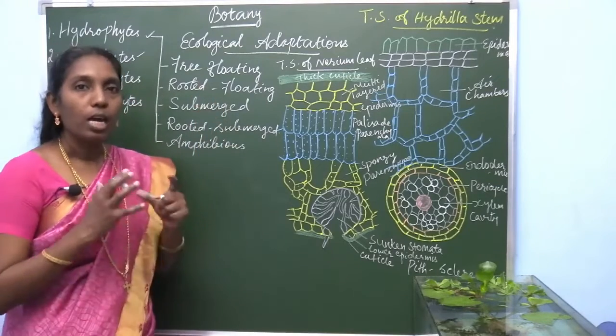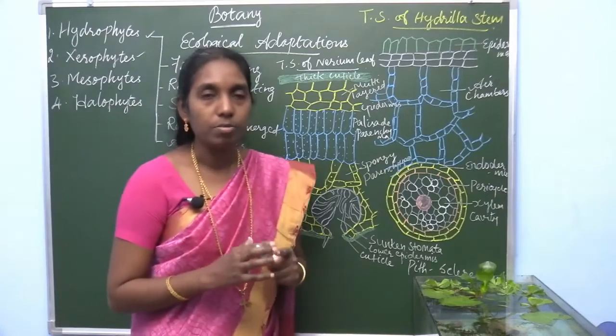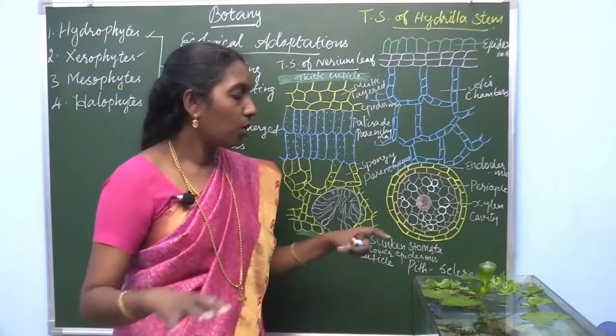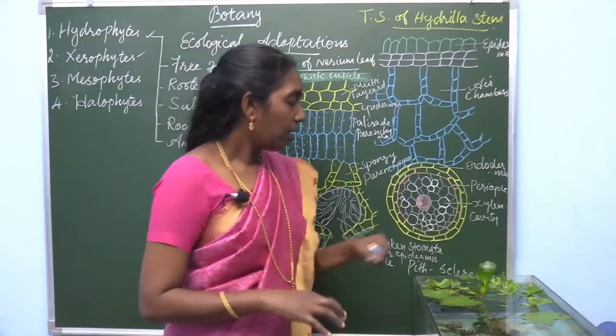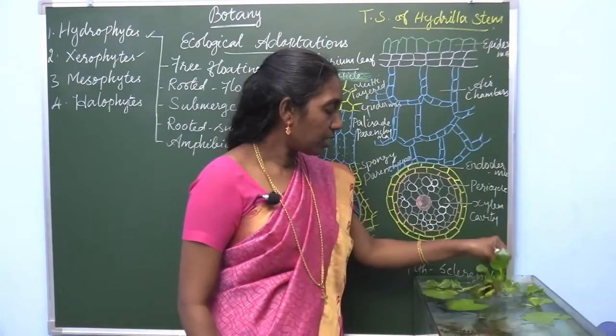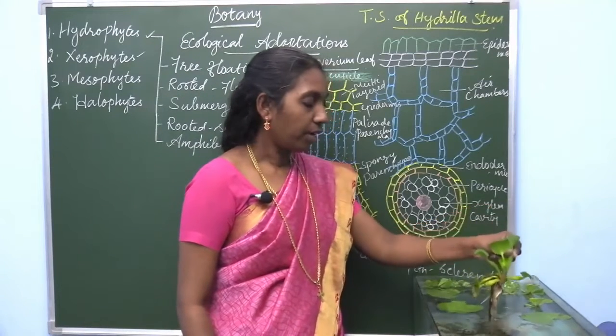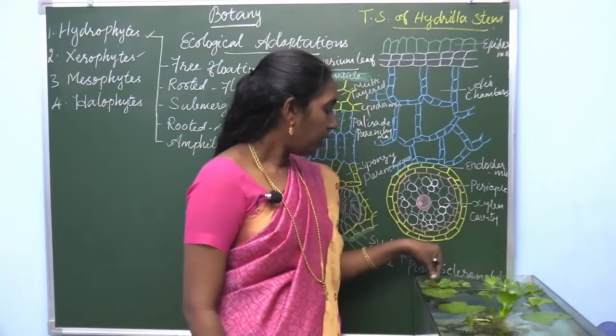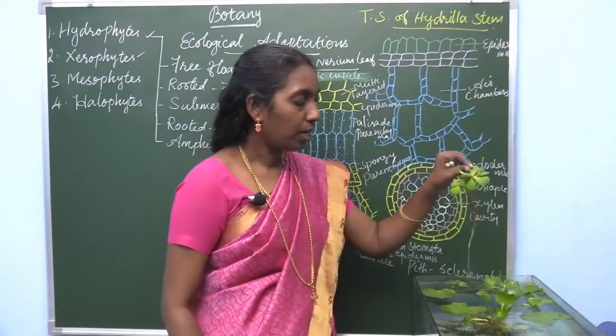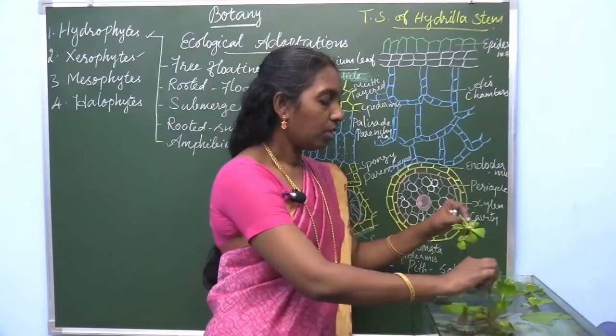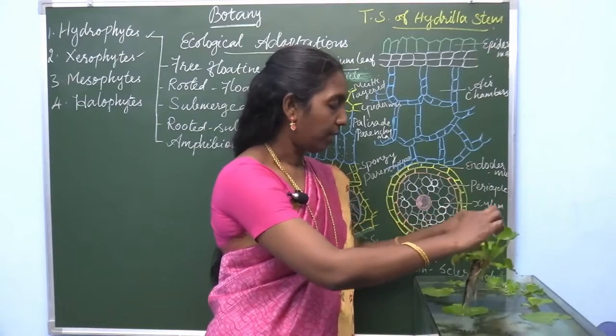Free floating hydrophytes are the organisms which can freely float on the surface of the water. Eichhornia and Pistia are the free floating hydrophytes.